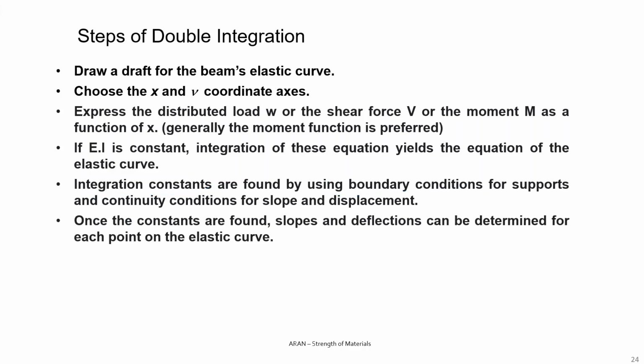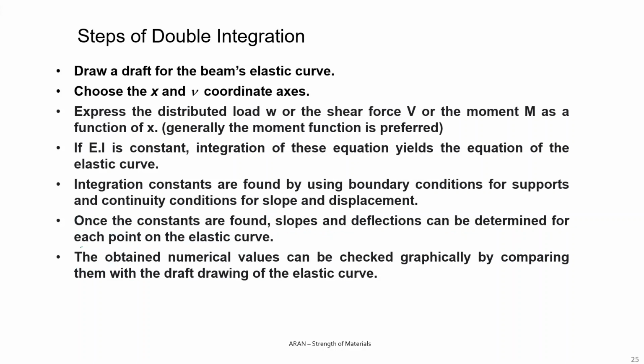Once you have the constants, you have the equations for the slope and deflection, and for each point you can determine the deflection and slope. If you have the numerical values, it's recommended to draw the curve, check graphically, and compare it with the draft drawing of the elastic curve.